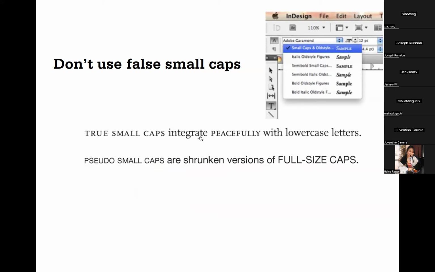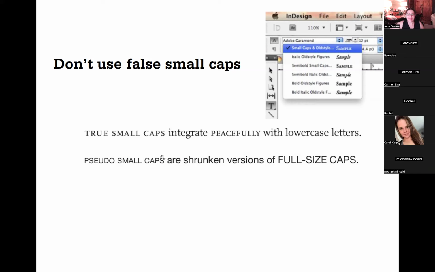True small caps integrate peacefully with lowercase letters. So you see here, you have the small cap, and then you see the lowercase word "integrate," and then you see "peacefully" as small caps. And then you see the lowercase letters in lowercase again.